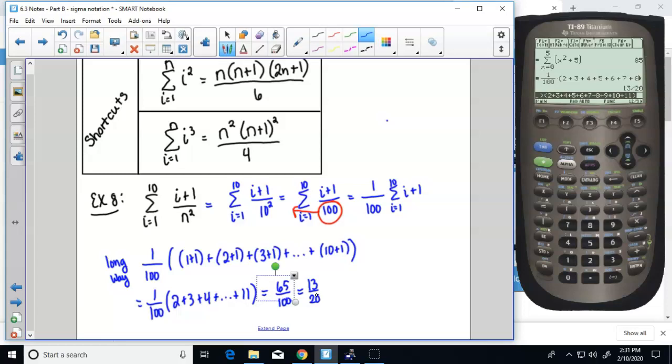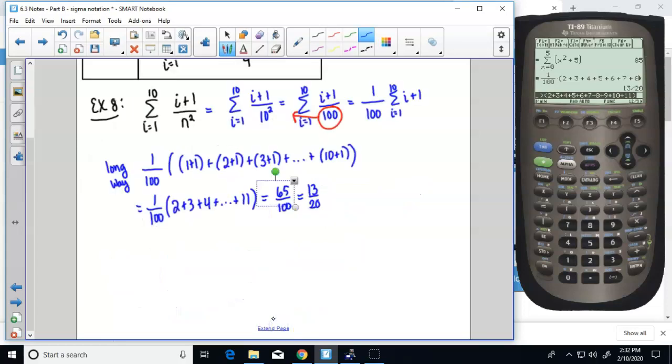So that would be just writing it out like we've been doing from the beginning. If you have smaller numbers, it's really not all that bad to do. But let's also use the shortcut method. If we go back to what we had here, the 1 over 100 times the sum from 1 to 10 of i plus 1, we'd still have 1 over 100, and we could break these two apart.